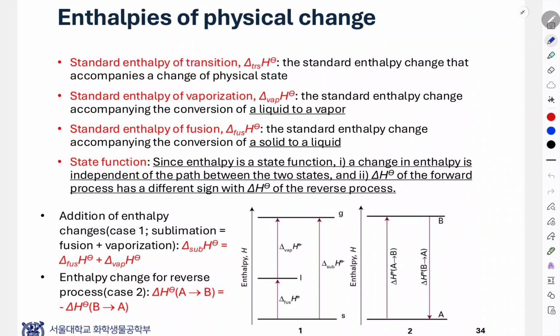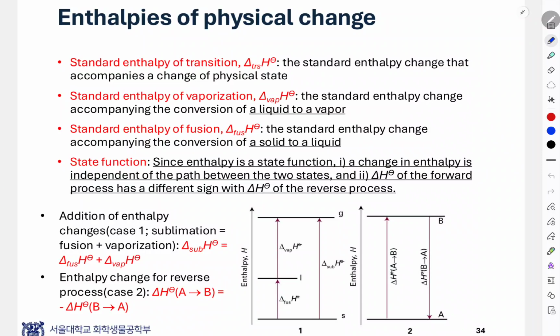Usually, changes in enthalpy are reported for processes taking place under a set of standard conditions. The standard enthalpy change is the change in enthalpy for a process where the initial and final substances are in their standard state. The standard state means that at the specified temperature and 1 bar, the substances are pure substances.